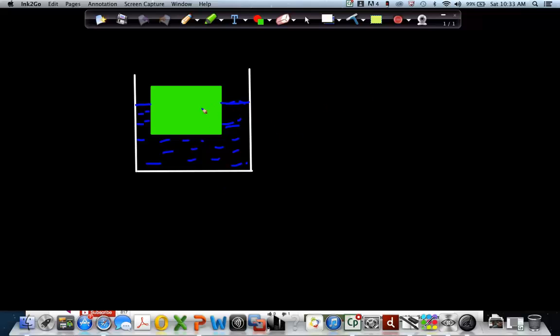So now the wood is floating in water, and I am giving the following. Length of the wooden block is 50 centimeter. Breadth of the wooden block is equal to 40 centimeter. Height of the wooden block is equal to 40 centimeter.